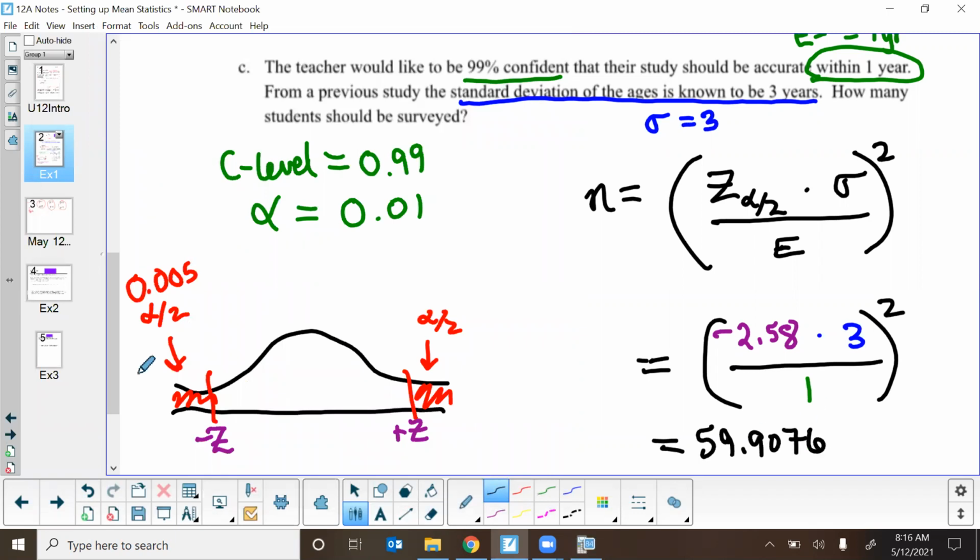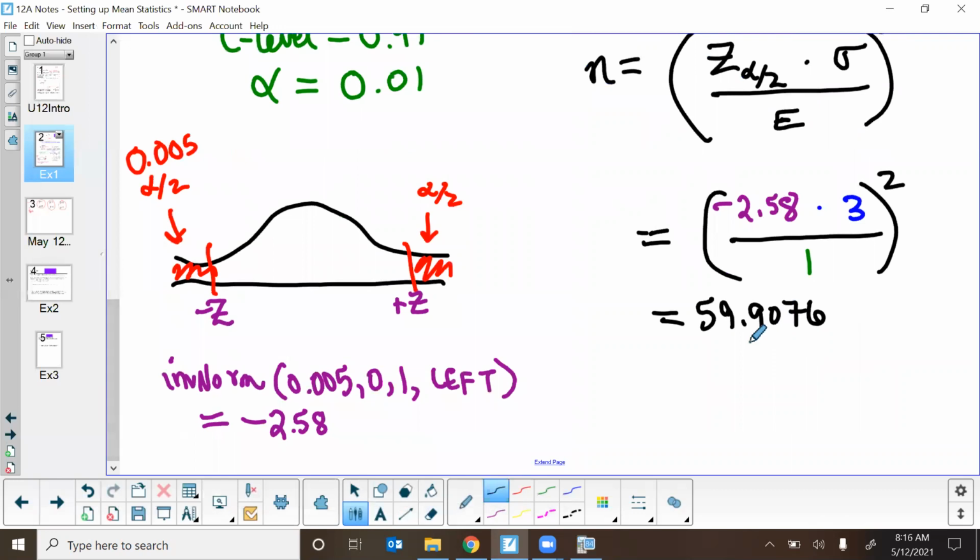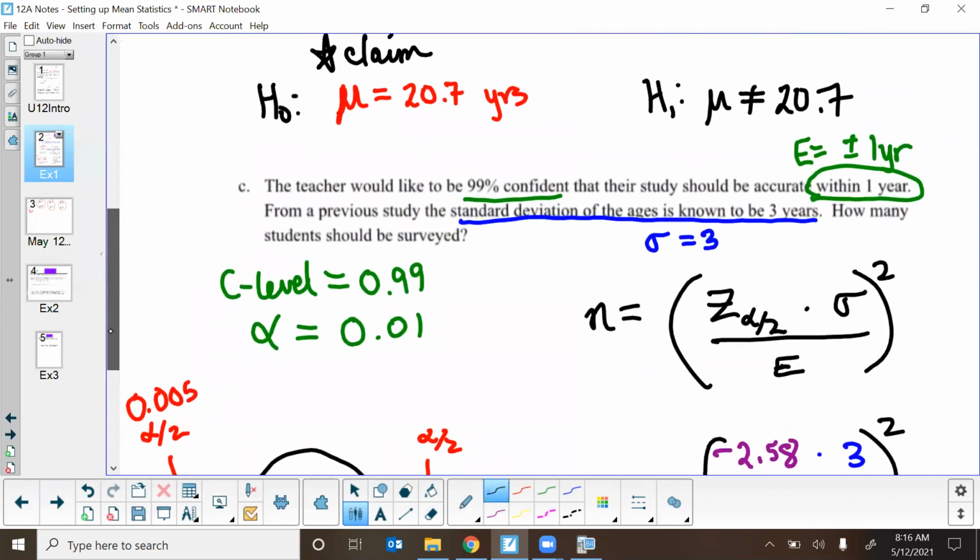59.9076. And remember that when you have a decimal, no matter what it is, you're always going to round up, even if it was 59.01, because this is a minimum. So if I go below it, that's not okay. So n equals 60, and 60 would be, is it 60 years? Is it 60 students? How many students should be surveyed?